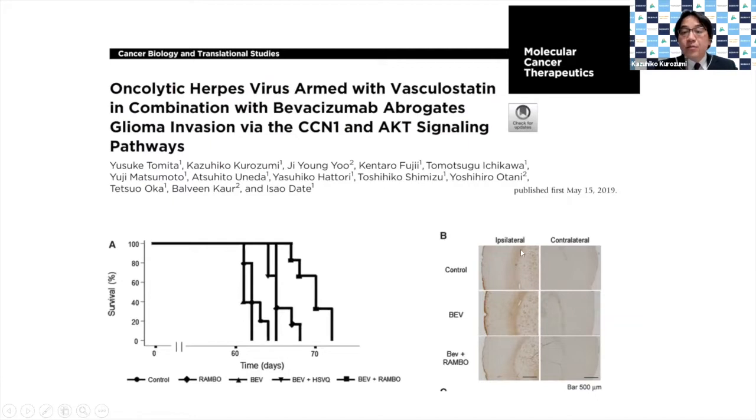There is an invasive model of glioma, a human glioma primary culture model, with bevacizumab. There is a little bit of invasive effect here, but we can stop that invasion with Rambo. So, very interesting data.